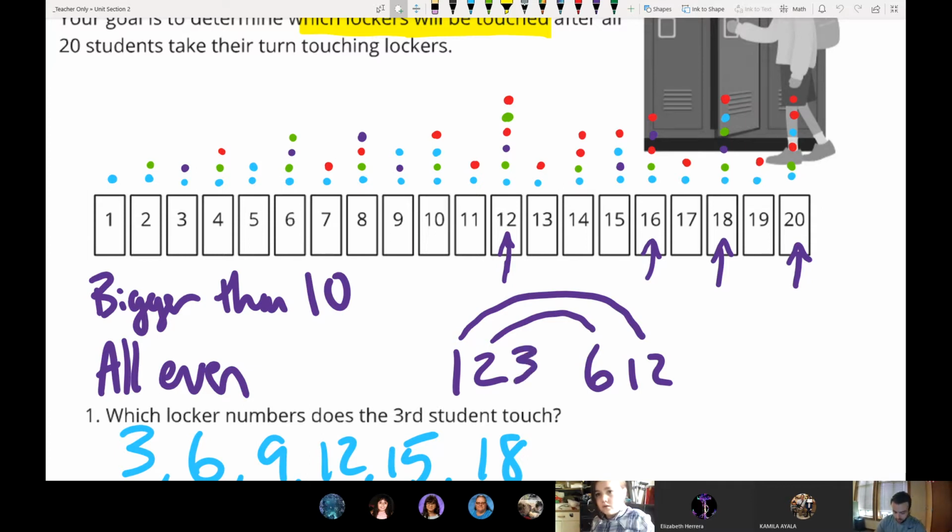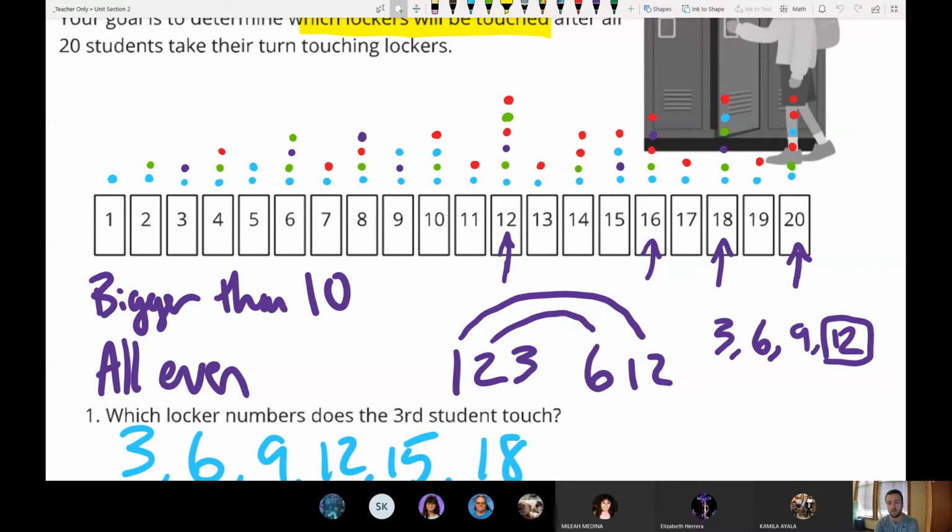We then go on to 3. Well, if we skip count by 3, 3, 6, 9, 12, we land on 12. So we know that 3 is a factor of 12 because we can skip count by 3 and land on 12. And so 3 times 4 gives us that answer. What do you notice about the amount of times that locker 12 was touched and the amount of factors that it has?